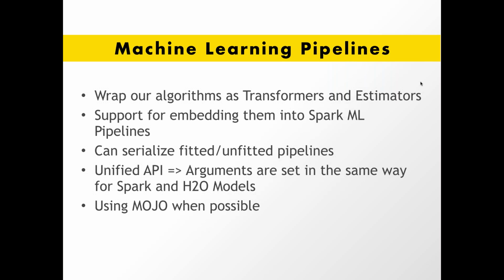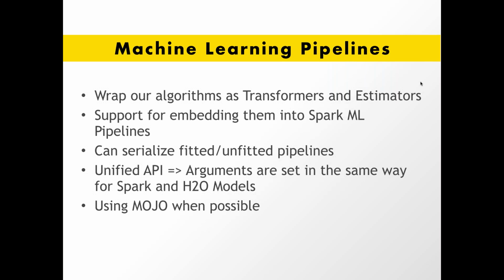And estimators wrap models. So basically, when an estimator is called, it will train a model and produce a transformer, which can then be used for doing predictions. This is perfectly explained on the Spark documentation page. So if you would like to learn more about transformers and estimators, I would advise going there.